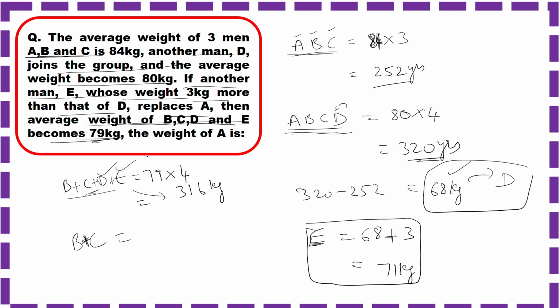What is E's value? 71. So if we substitute this and simplify, we will get the value of B and C. B plus C is equal to 316 minus, D plus E, 71 plus 68. If I bring it to the other side, it will become minus. So 316 minus 68 minus 71. So the combined weight of B plus C is 177.